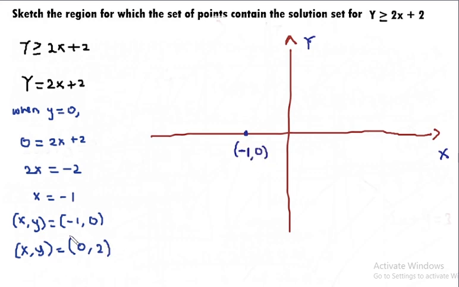And then the point where we have 0 for x and 2 for y should fall here, 0 for x, 2 for y. If you notice, the inequality is a greater than or equal to, so we'll be using a solid line. So this is a straight solid line.